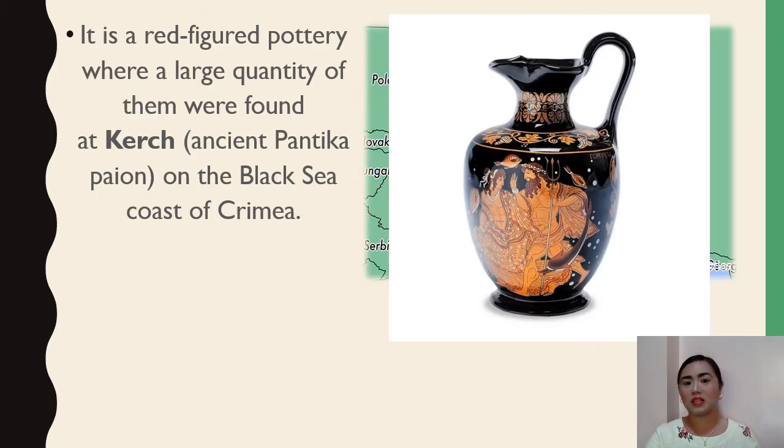When you say red-figure pottery, red figures are drawn on a black background. So going back to the example given on the upper portion, as you can see, red-tinted figures are drawn onto this black background.